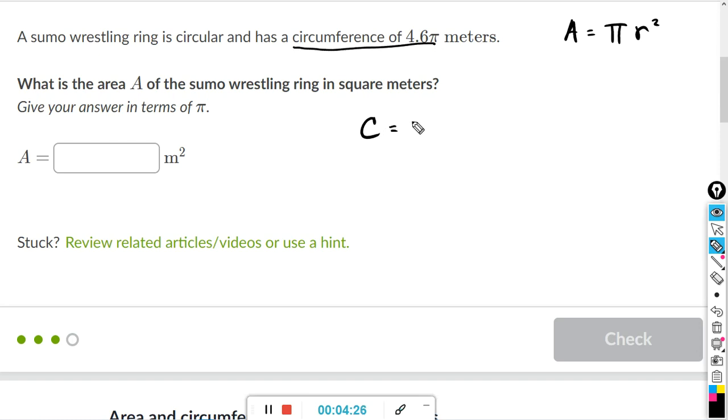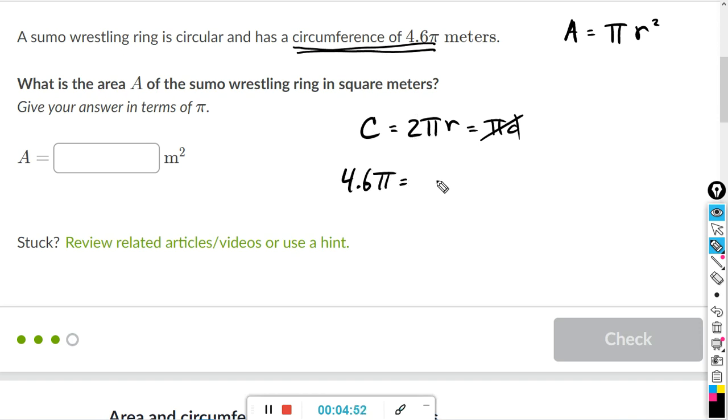The formula for circumference is 2 pi r, or pi times d. Okay. Since we need the radius r, I am not going to use the one with d. All right. So in place of c, the circumference is 4.6 pi. Plug that in for c.